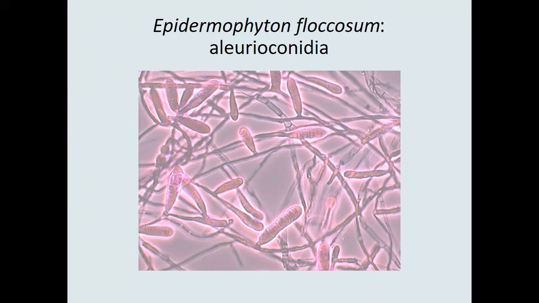You see those septations? And then the other thing you're noticing are what we sometimes call macroconidia, because they are so large and they are segmented as well. And also, we call them arthroconidia, as you see there, because they form directly on that hyphae.